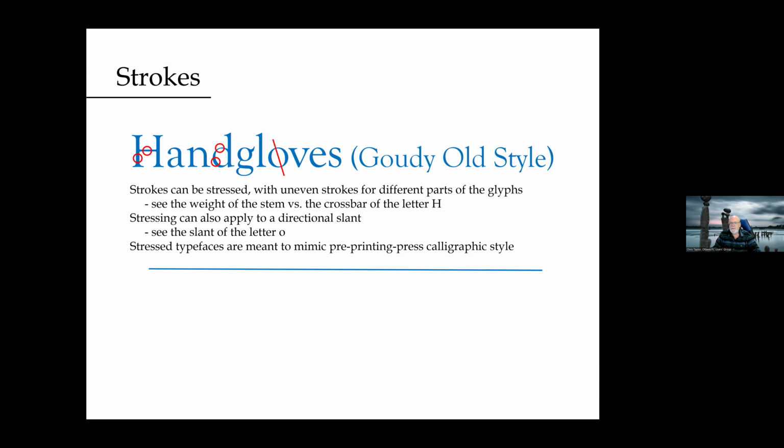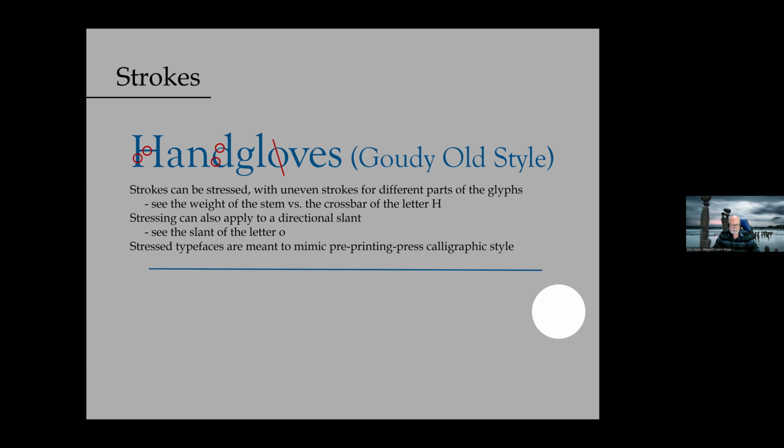Strokes are the widths of those, the actual ink that is laid down. So strokes can be stressed, where certain parts of the glyph are wider than other parts. You can see that in particular in something like the H, where the vertical is about twice or even more the width of the stroke when it's on the horizontal.